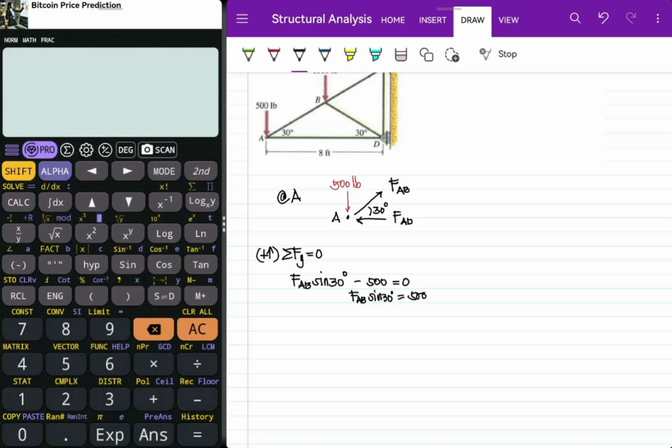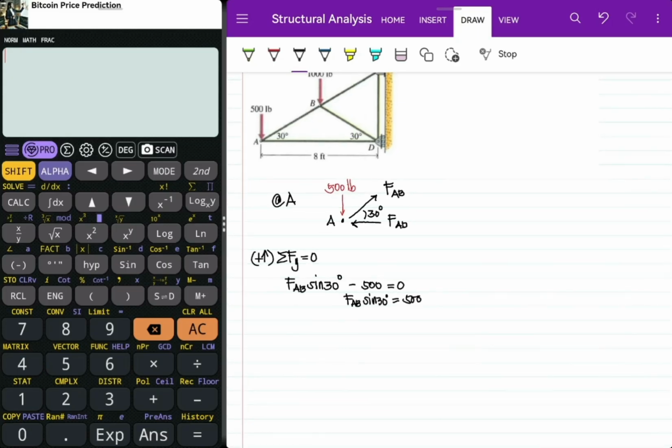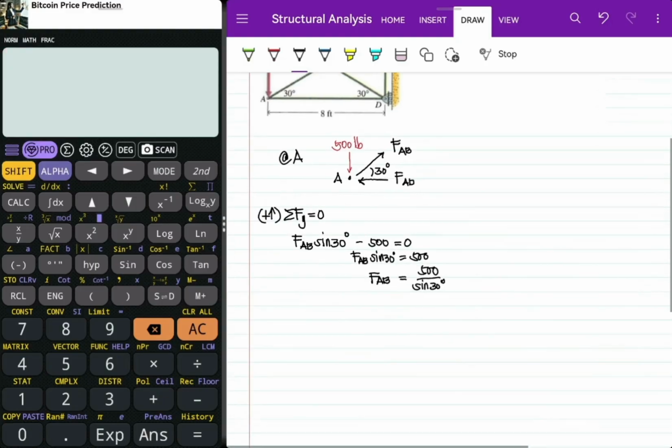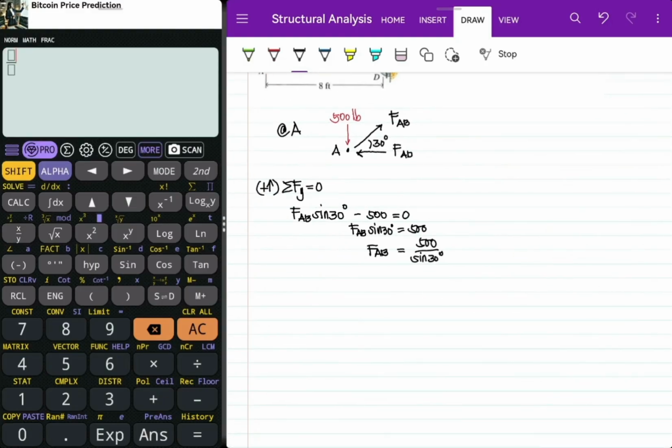You divide both sides by sine 30. So force AB is equal to 500 divided by sine of 30 degrees. Using your calculators, that is 1000. So F sub AB is equal to 1000 pounds.